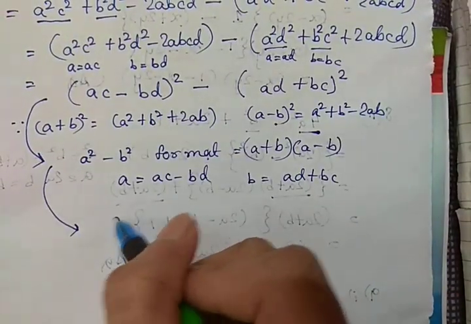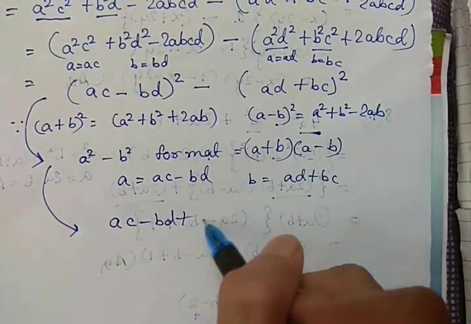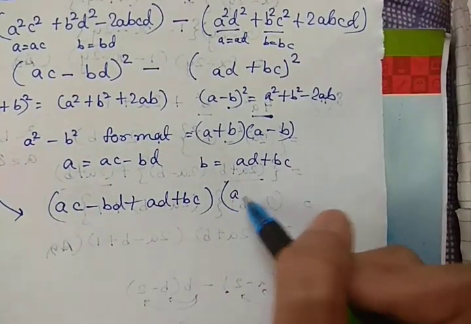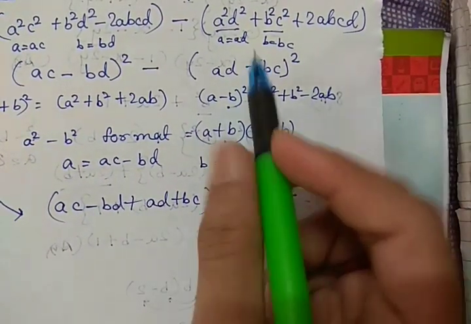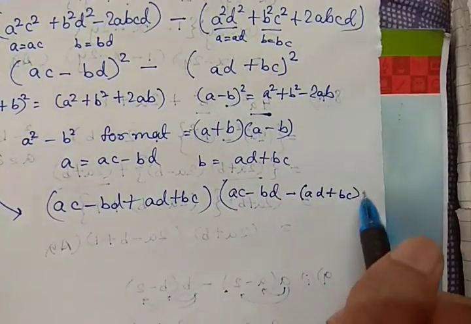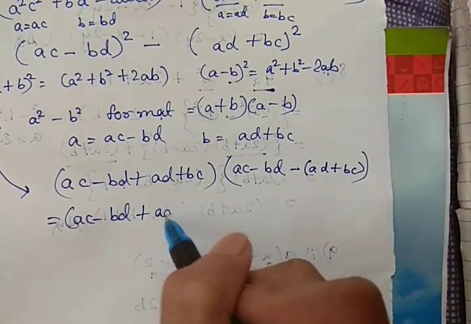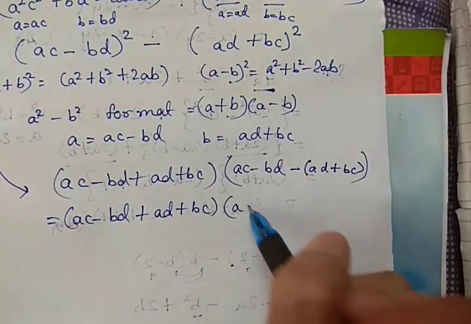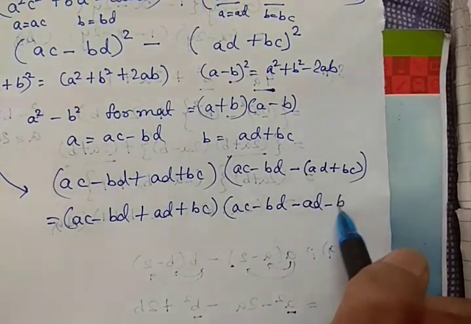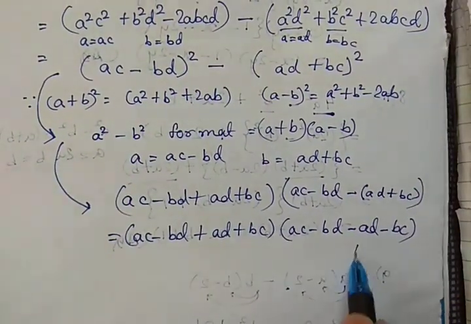Therefore, (a plus b): (ac minus bd) plus (ad plus bc), into (a minus b): ac minus bd minus (ad plus bc). This must be in brackets because this is a single term. Okay, so now let us remove the brackets: (ac minus bd plus ad plus bc) into (ac minus bd minus ad minus bc). Clear? This is the final answer.